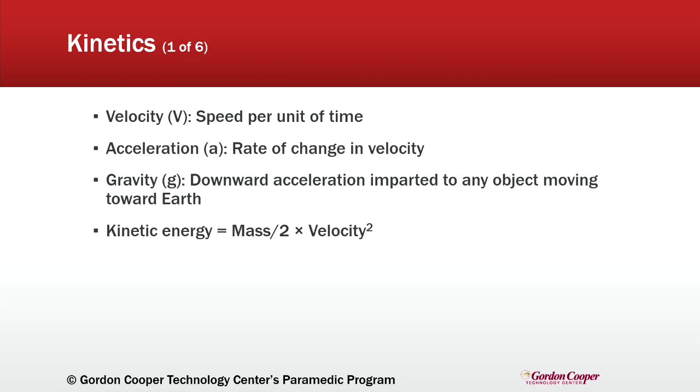Kinetic energy is the energy that an object has because of its motion, and it depends on both its mass and velocity. For instance, if somebody throws a wadded up piece of paper at you, they can throw it really fast, giving it a lot of velocity, and it's going to make impact with you, but it's not going to cause any harm.